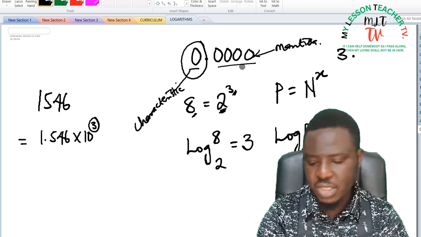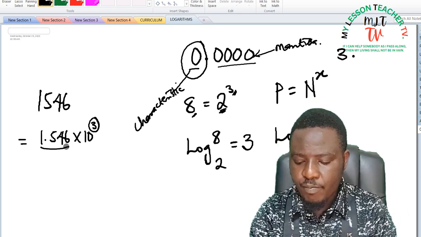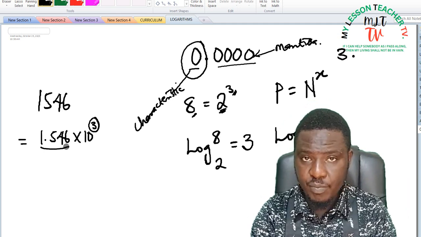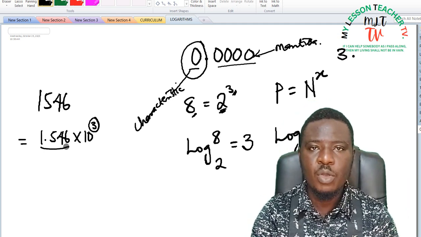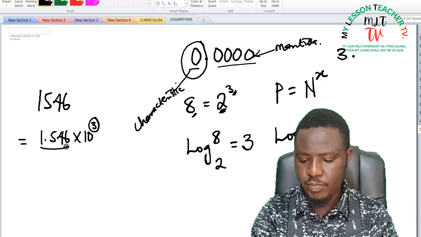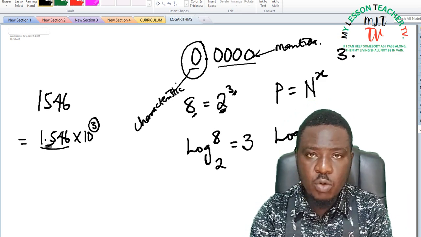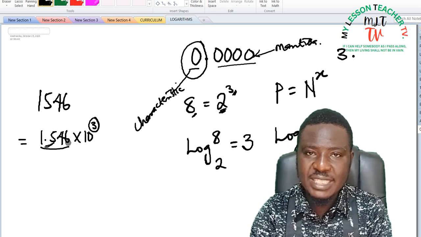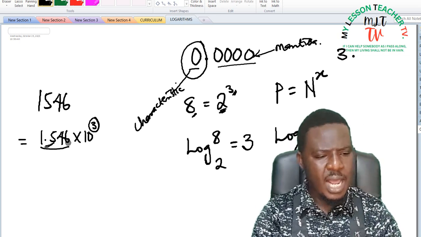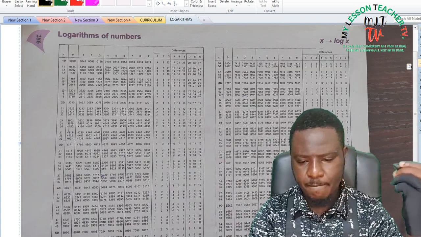Now, how do we get the mantissa, which is the fractional part? For you to get the mantissa, you use the value of A in standard form to determine the mantissa from your logarithm tables. You are going to look for the value of 15 under 4 difference 6 from your logarithm table. The logarithm table looks like this.